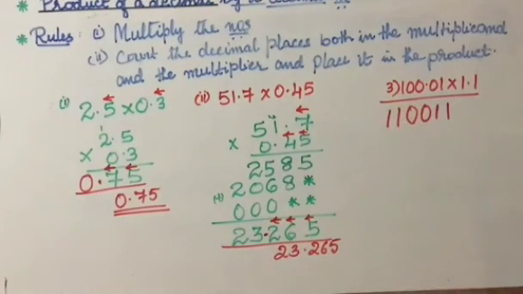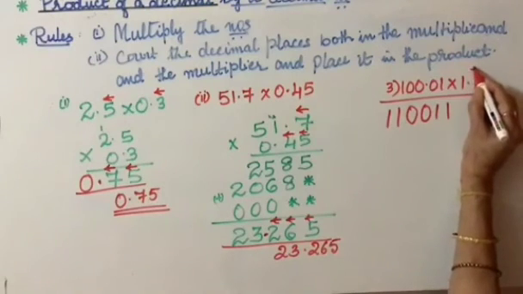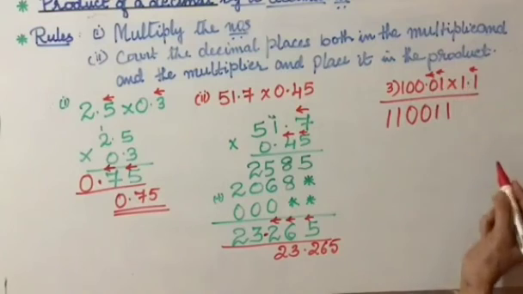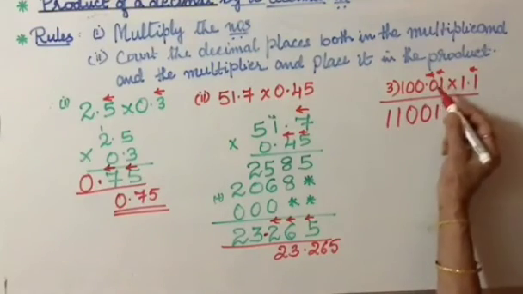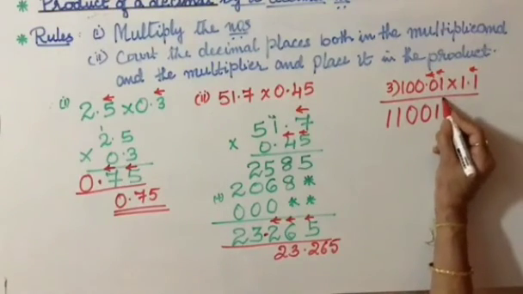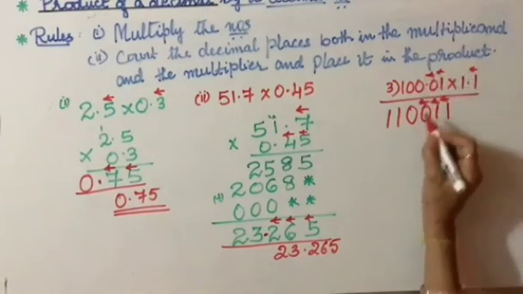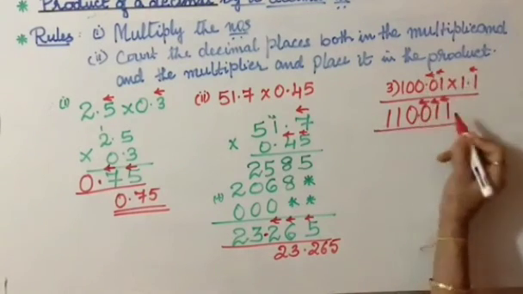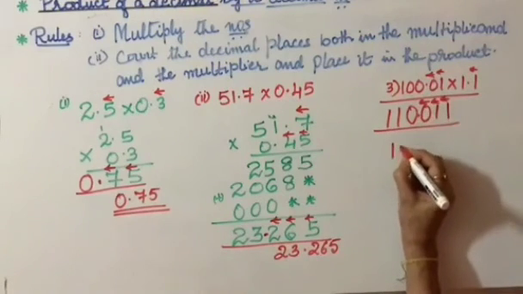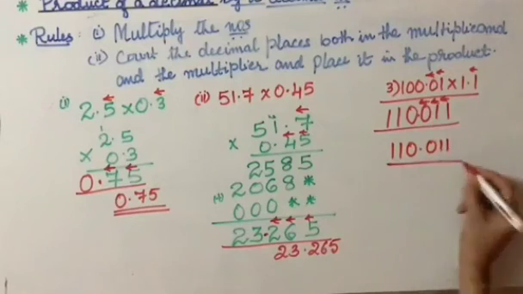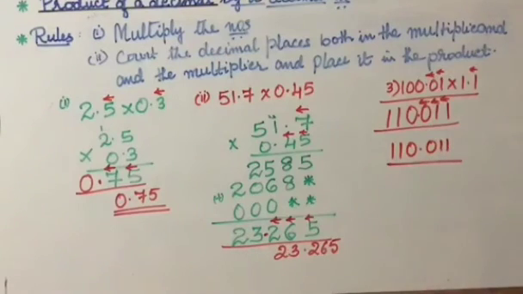So decimal places: in the multiplier I have 1 place, in the multiplicand I have 2 places. So 1, 2, 3. After 3 places, final answer is 110.011. Please check your answers. Clear, children?